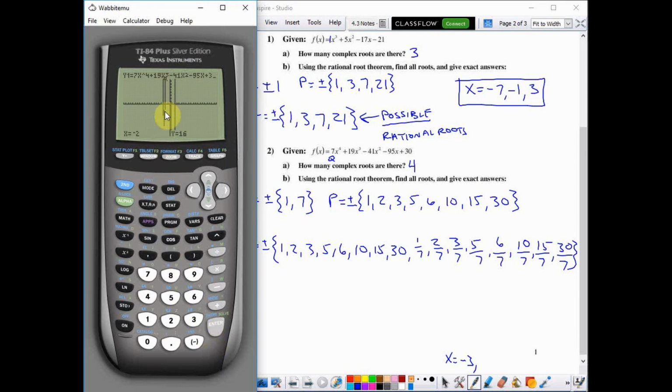But my output at -2 is not 0, so -2 is not correct. Any other fractions here that look like they could be -2? There's 10 sevenths, 15 sevenths. They could be somewhere in that range, so I could trace 10 sevenths, not an output of 0, 15 sevenths.